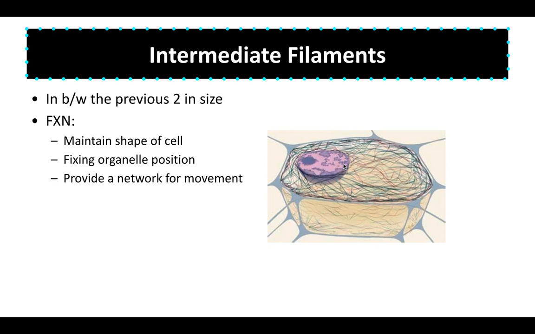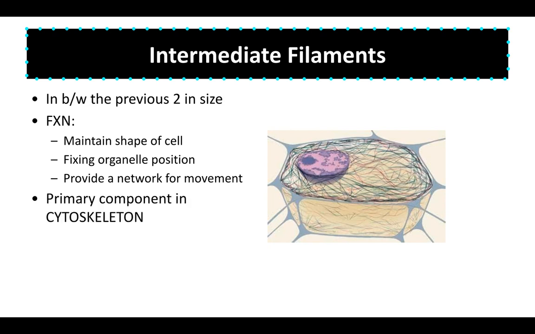What's really cool is these intermediate filaments also provide almost like a jungle gym obstacle course for things to move around in the cell. Various components within the cell can actually use these intermediate filaments and walk to different locations within the cell by holding on to these filaments and using them as a guide.